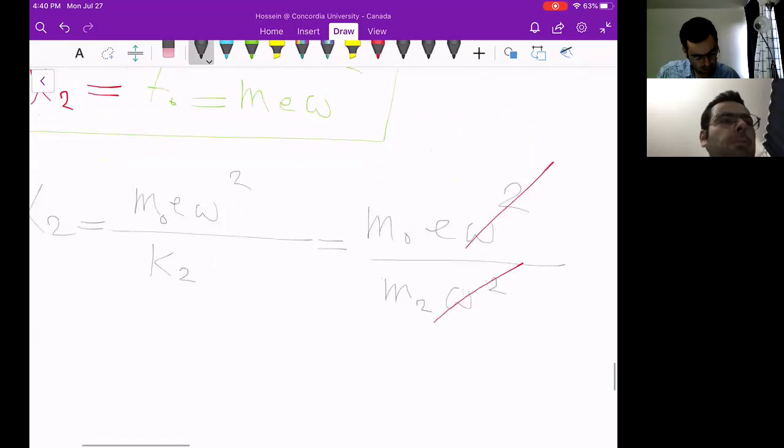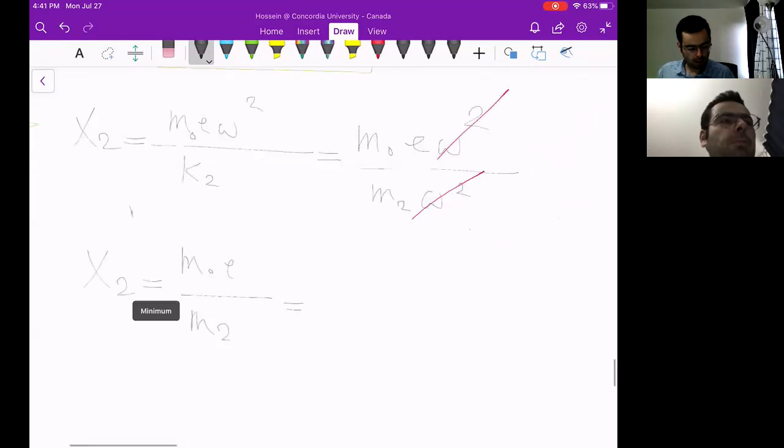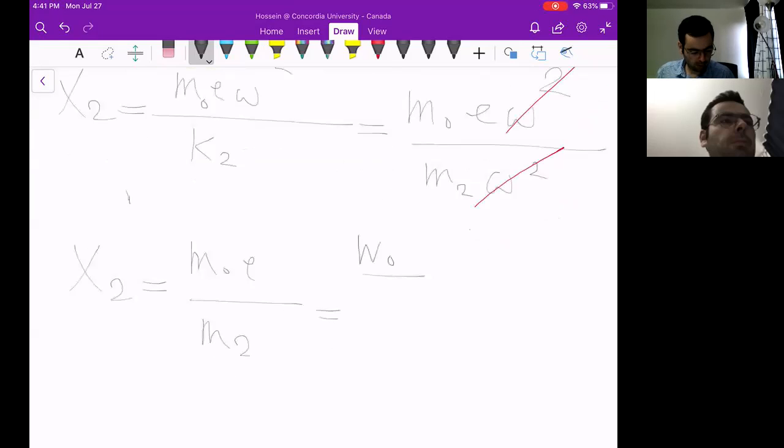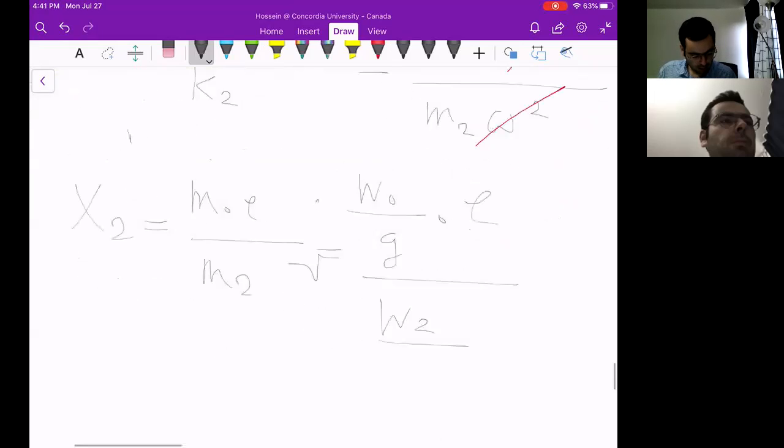Therefore, I can write amplitude X2 would be M naught eccentricity E divided by M2. Since I don't have M naught and M2, rather I have the weights, I could write W naught over G multiplied by eccentricity over W2 over G.